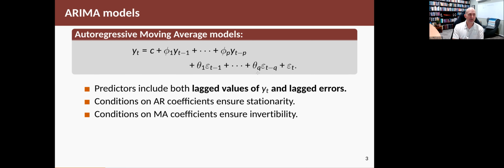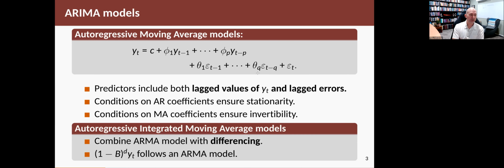And there are conditions on the phi coefficients and the theta coefficients to make sure the AR part is stationary and the MA part is invertible. So when you write it like this without the differencing, you call it an ARMA model. When you put the differencing in, it's an ARIMA model.